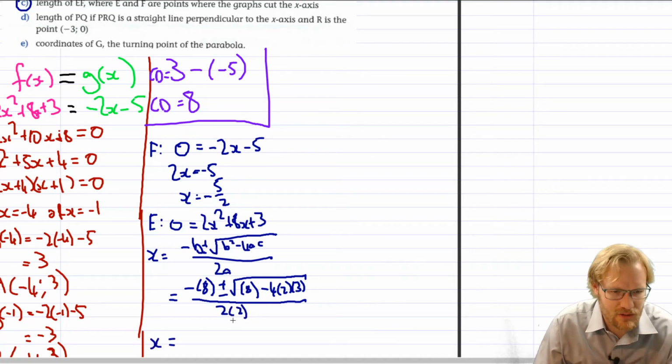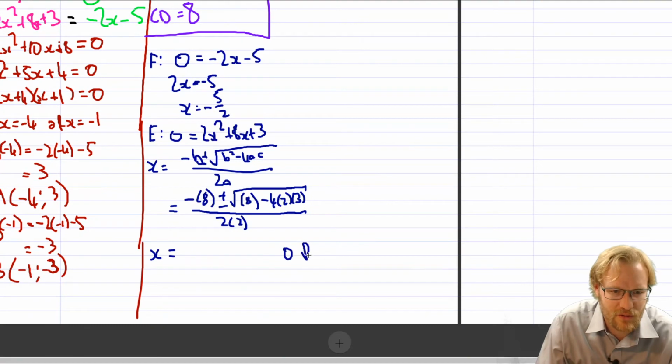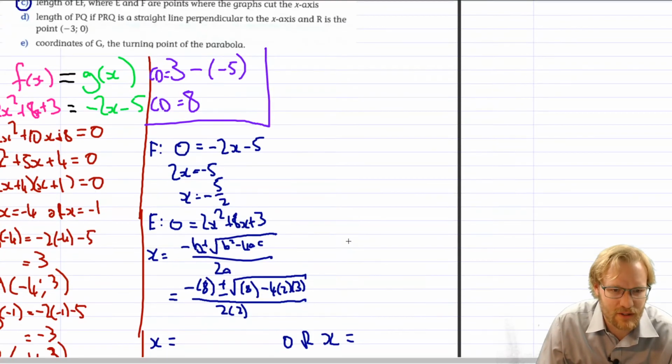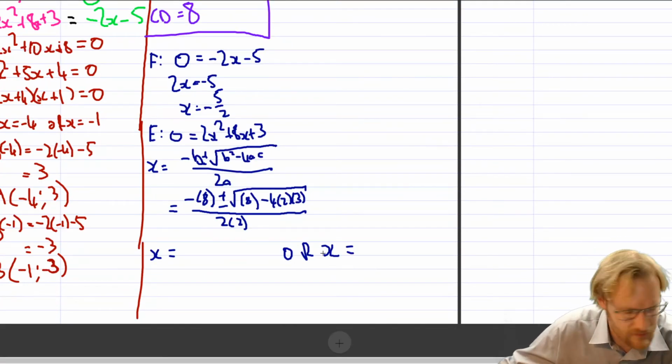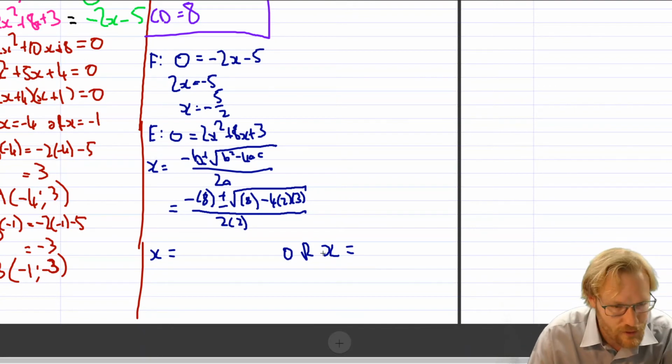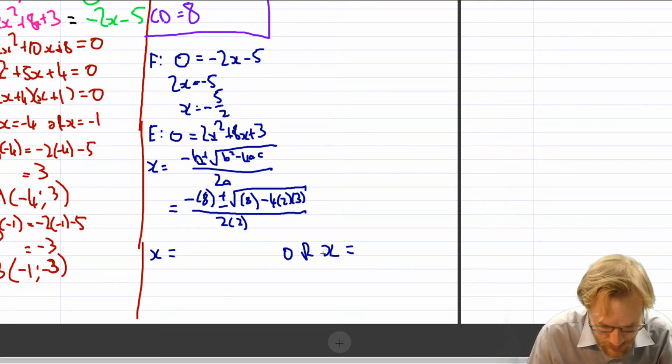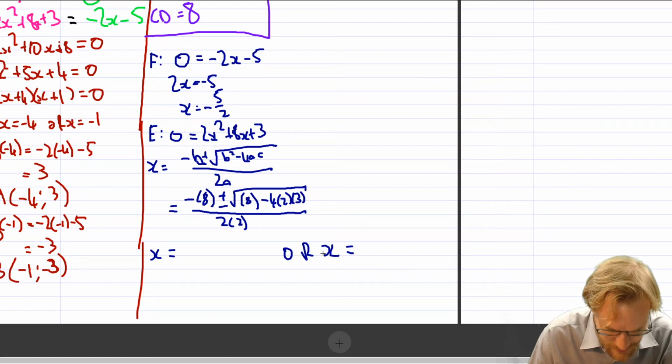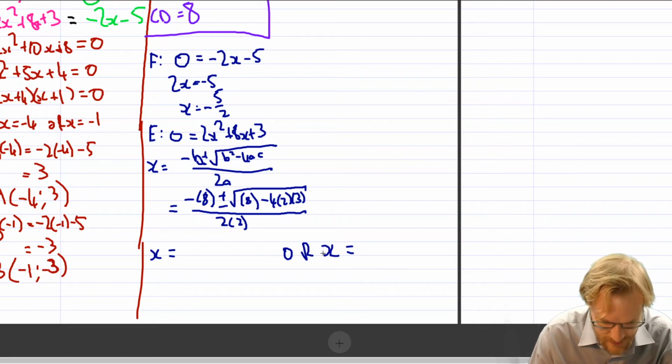So x equals one thing, or x is going to equal something else. So trusty calculator to the rescue, or the emulator, or one of those bamboozling ones on the website. And we've got minus 8 plus or minus the square root of 8 squared minus 4ac, everything over 2a.